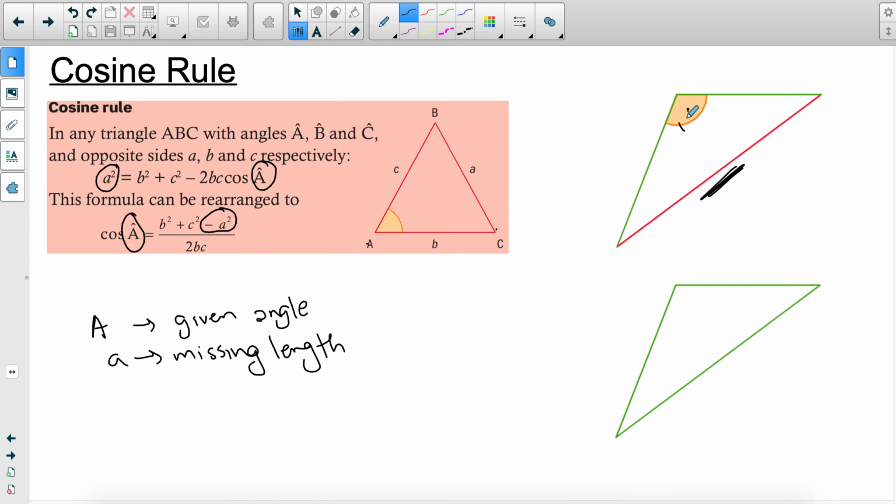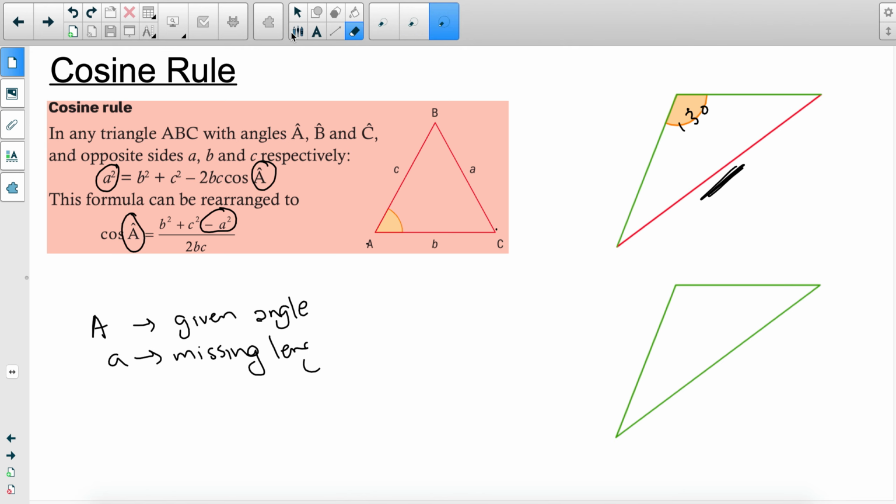Let's say it's 130. So you replace 130 in the missing angle. And then B and C could be in any order. This could be B, this could be C, or the other way around, it doesn't matter, because you are just adding them and multiplying them. It doesn't really matter if you change the order.